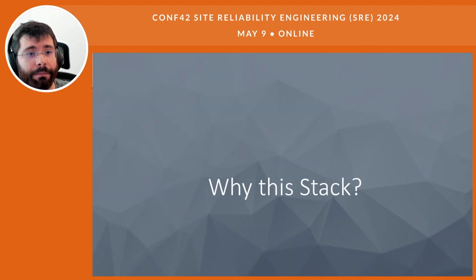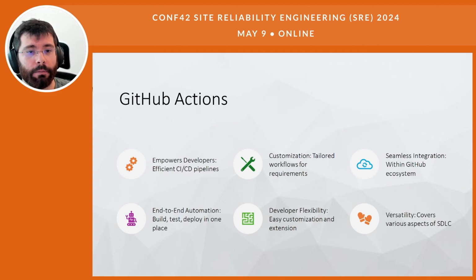But why this step? I just gave a hint why, but let's go deeper and check some nice features on, for example, GitHub. Because we use GitHub as the repo, it was very natural to use GitHub Actions because it has seamless integration. You don't need to use an external CI/CD like Jenkins or another type of CI/CD that's commonly used in the community.